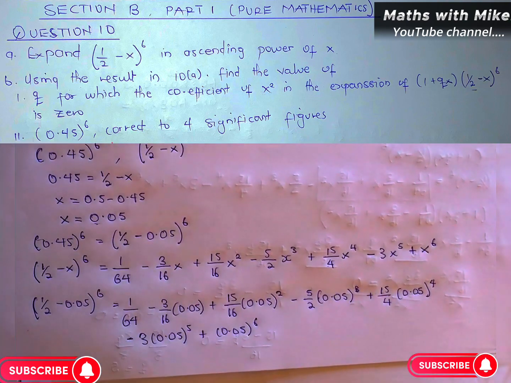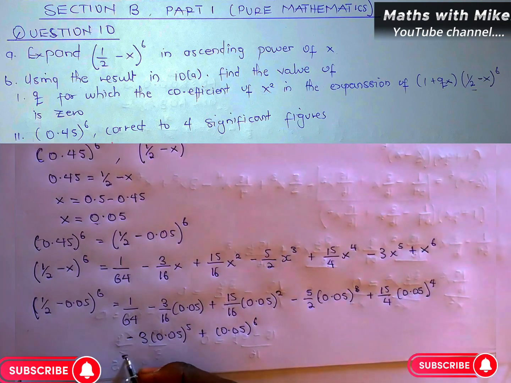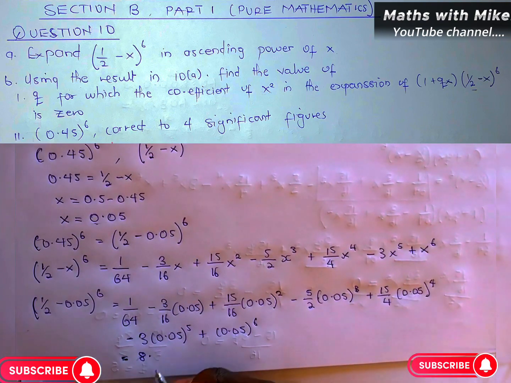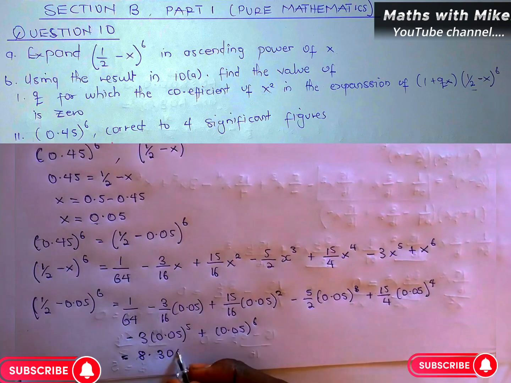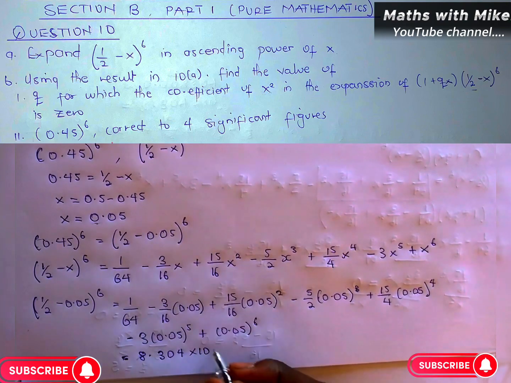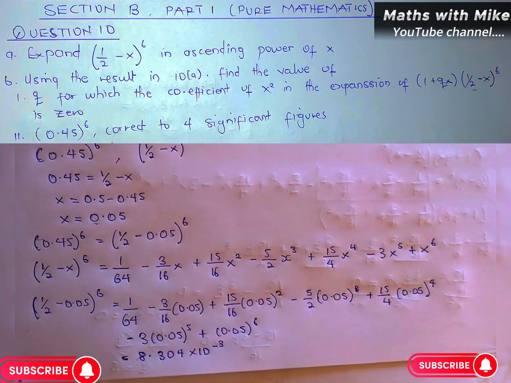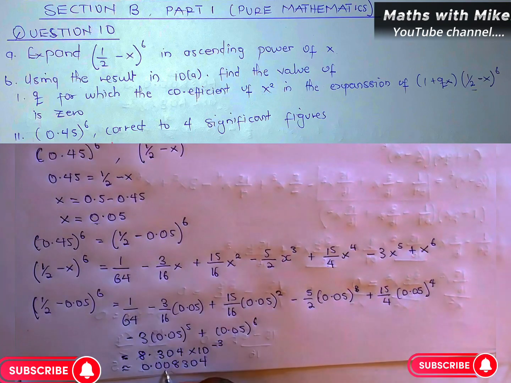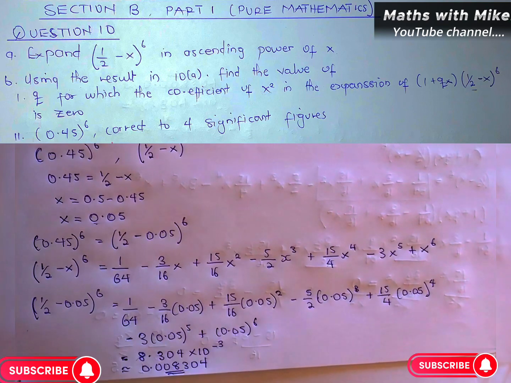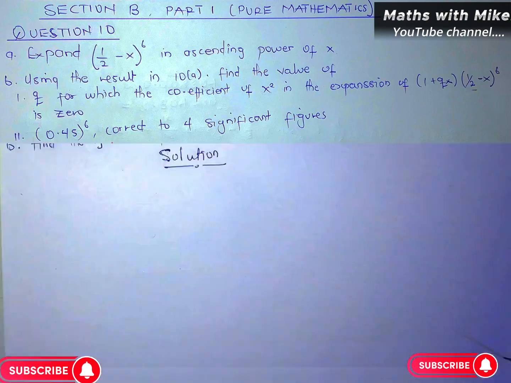So if you input all this data on the calculator, you are going to get 8.304 times 10 exponent negative 3. We are asked to leave our answer in 4 significant figures. So this is approximately 0.008304 as our answer. So this answers question 10.